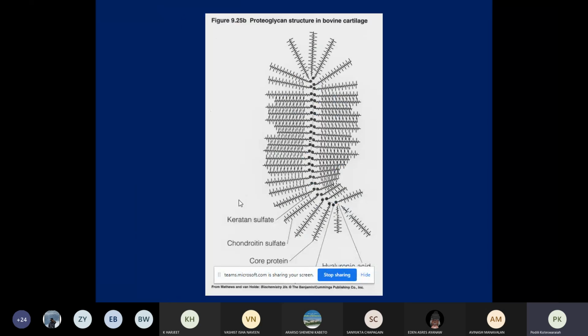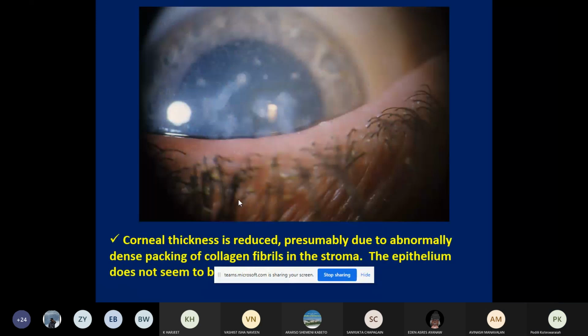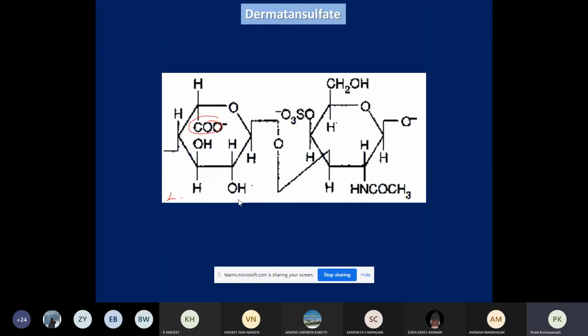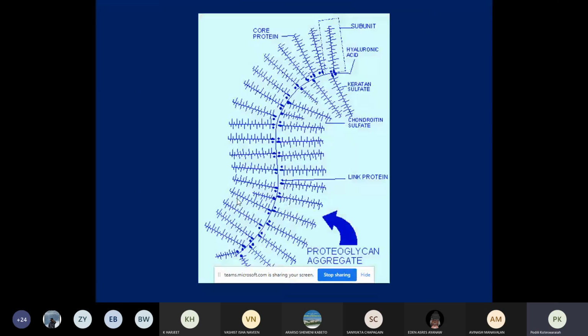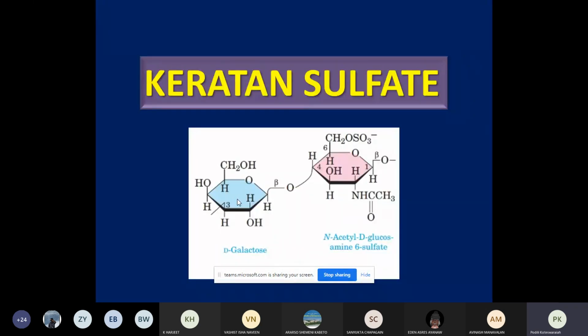Then coming to keratan sulfate. In Greek, keras means horn, which means it is present in horny structures.